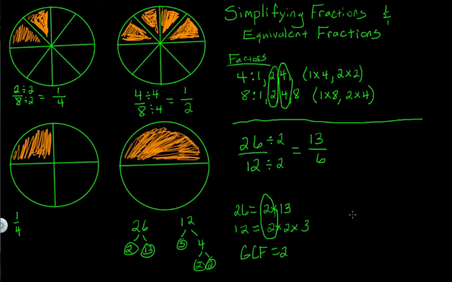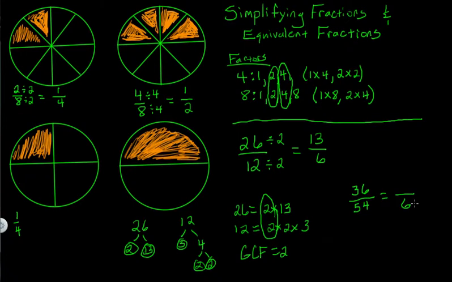If we want to find an equivalent fraction, let's say I have the fraction 36/54, and I want to find an equivalent fraction that has a denominator of 6. How would I do that?